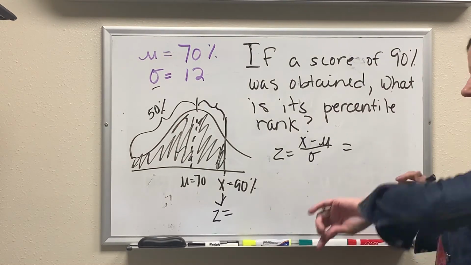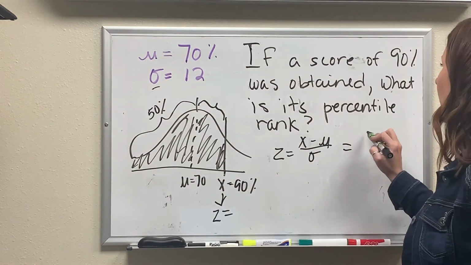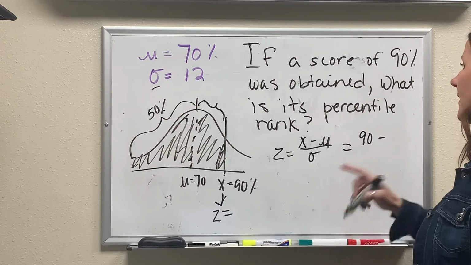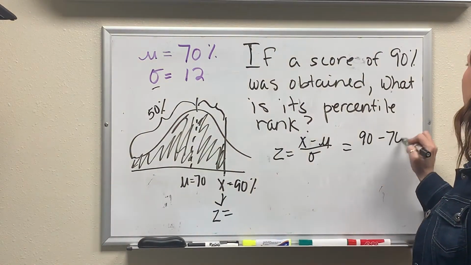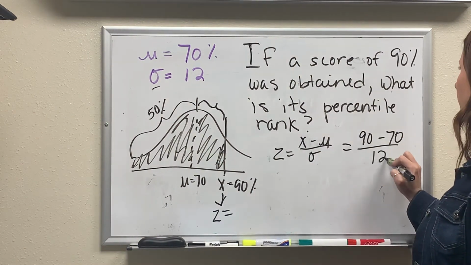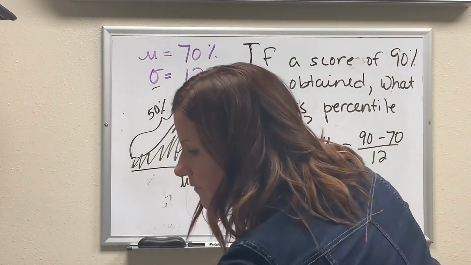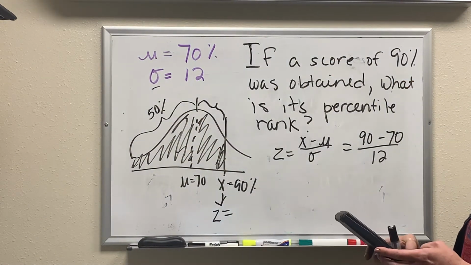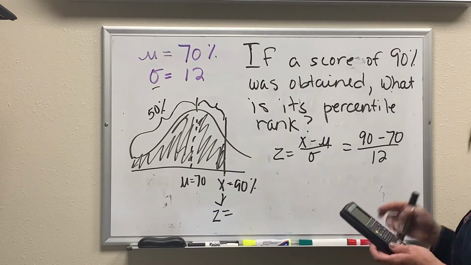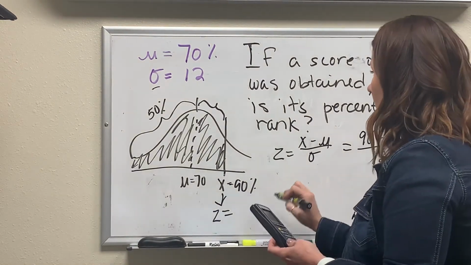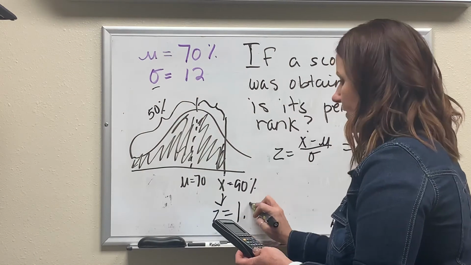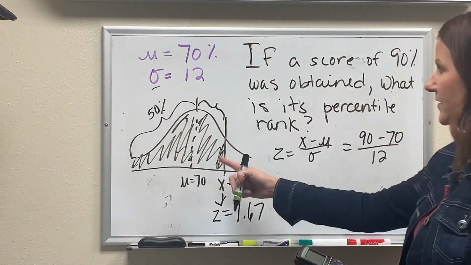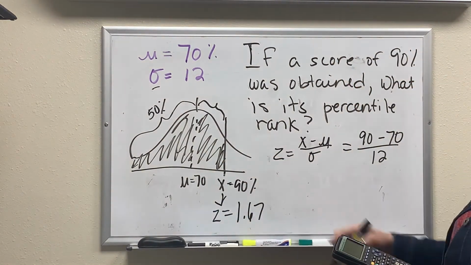We are. Okay, so we have 90 minus 70 divided by 12, okay? We plug that in. We should be getting a z equals 1.67. Now that's a positive because it's on the right, okay?